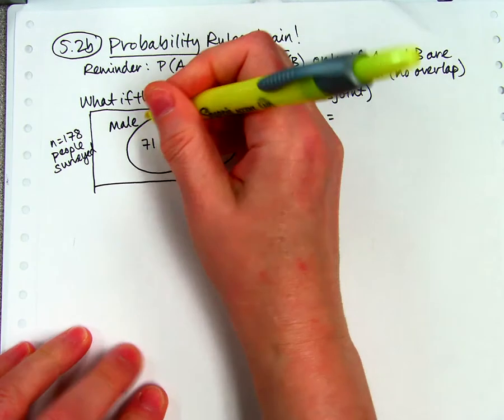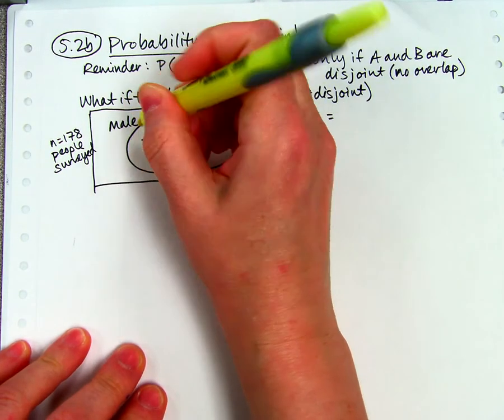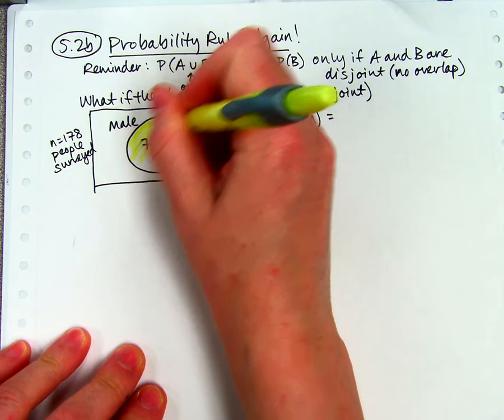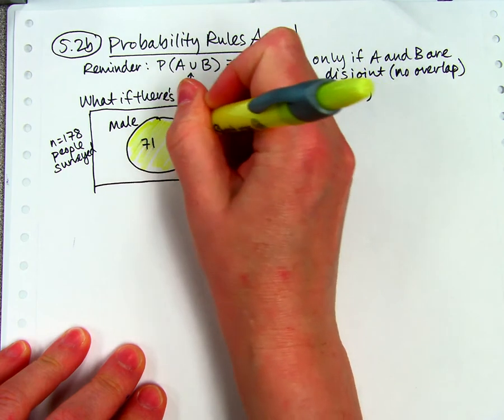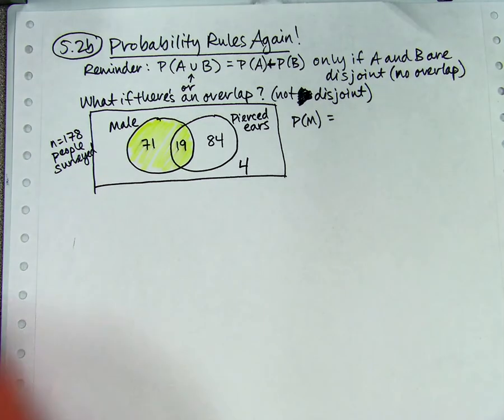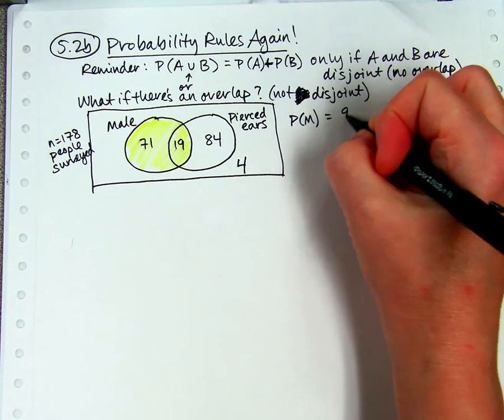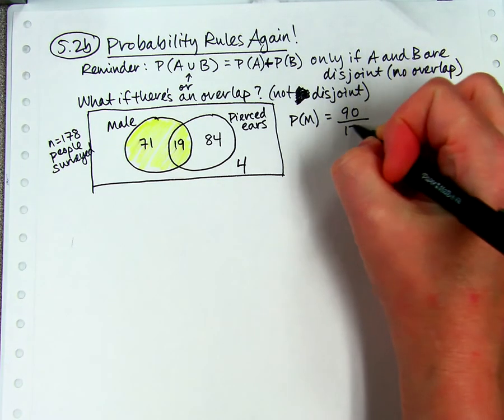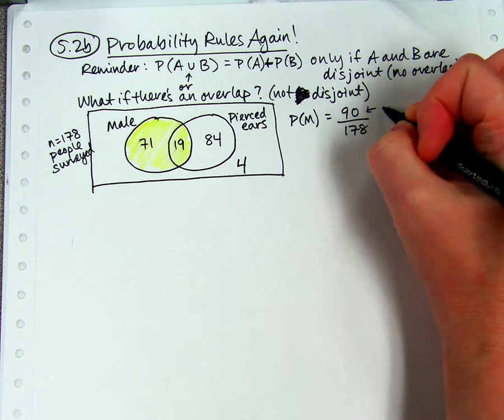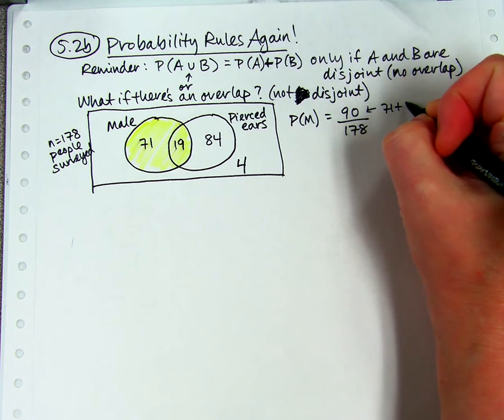And I'm going to use yellow to highlight that because, by the way, if you have highlighters, you might want to do some highlighting with me today. I'm going to make these notes very colorful. So the 71 and the 19 put together is 90 men in this survey out of 178. And in case you need me to show work, that came from 71 plus 19.